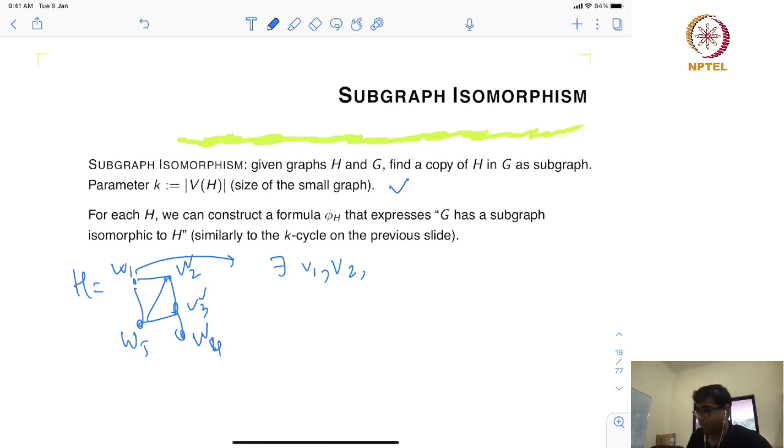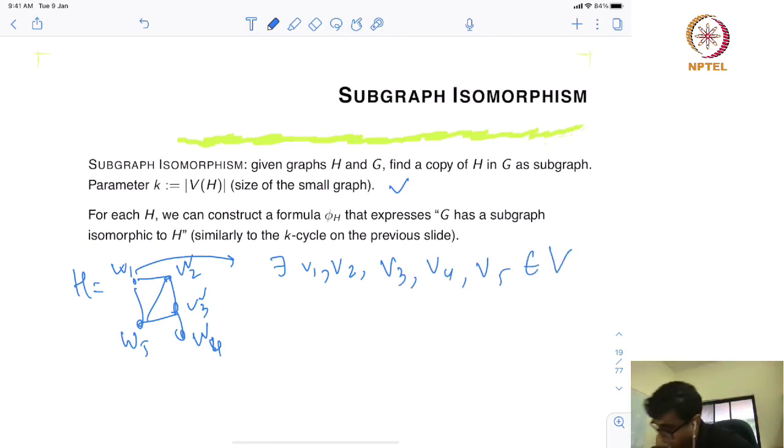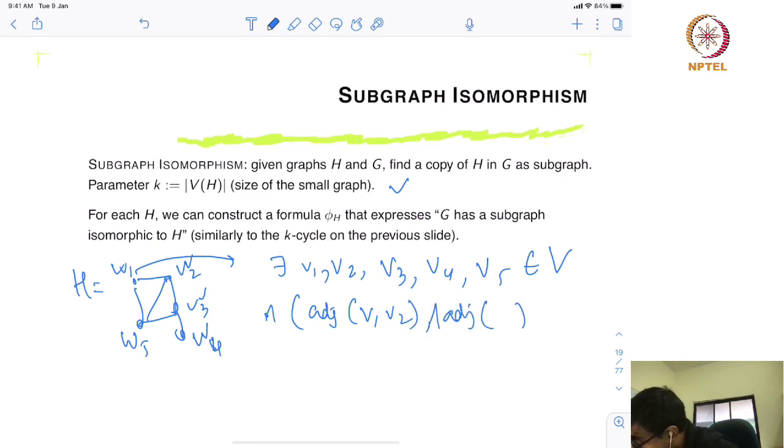So we'll say, okay, there exist V1, V2, V3, V4, V5 in V, and we are thinking of W1 as being V1. And then, adjacent V1, V2. Now you would put in all the adjacency conditions, and this is the way you can express that there exists a subgraph isomorphic to H, right?